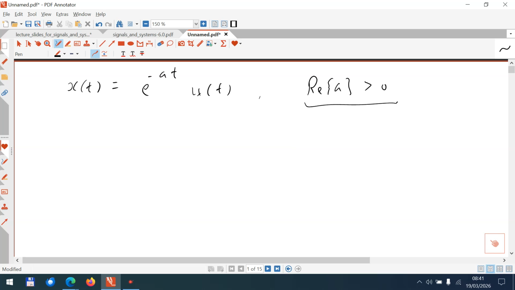At this point, you don't even need to understand why it needs to be positive, why not negative, why not zero. The task is to transform it, so let's work out the continuous time Fourier transform.